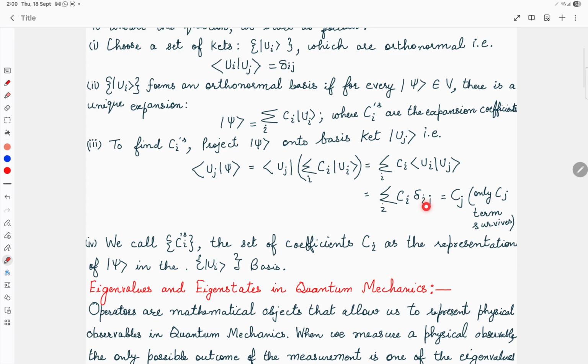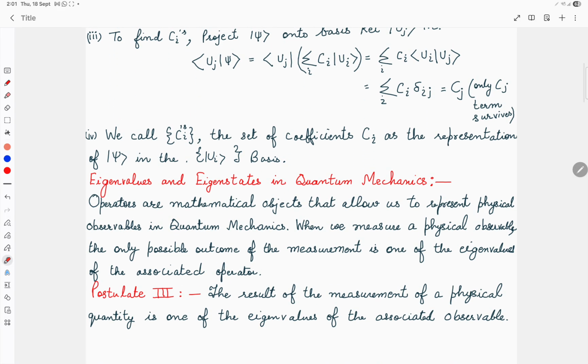As I just mentioned, delta ij is equal to 1 when i is equal to j. So when i is equal to j, this whole summation term will give me the value of Cj, that is the coefficient value for ket vector uj. So this is how we can calculate the expansion coefficients by projecting the quantum state onto these basis states.